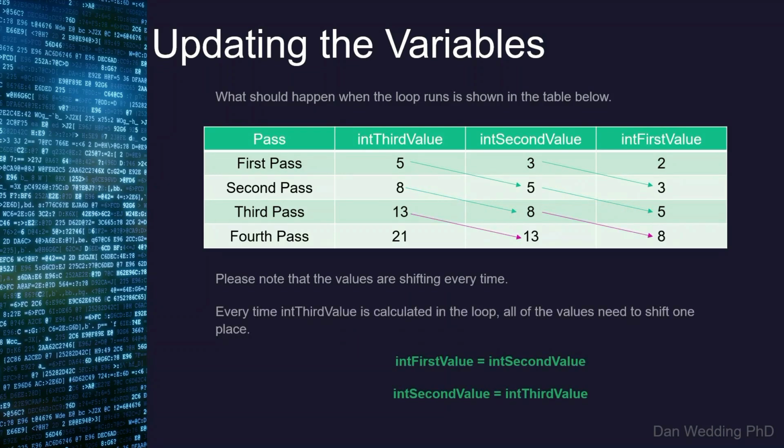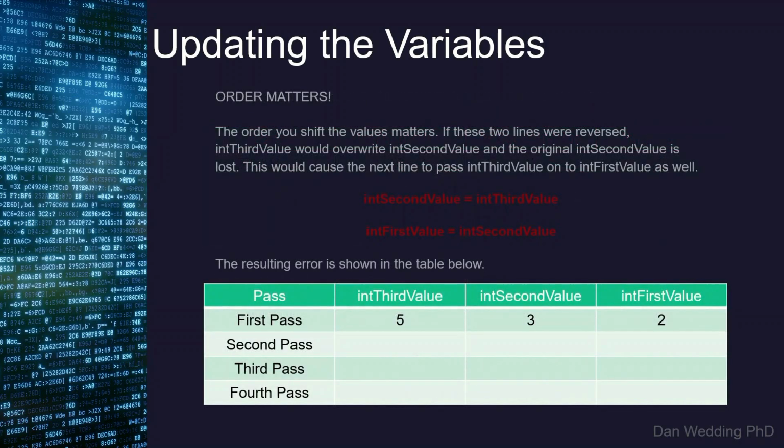Every time int third value is calculated in the loop, all of the values need to shift one place. The order you shift the values matters. If these two lines were reversed, int third value would overwrite int second value, and the original int second value is lost.